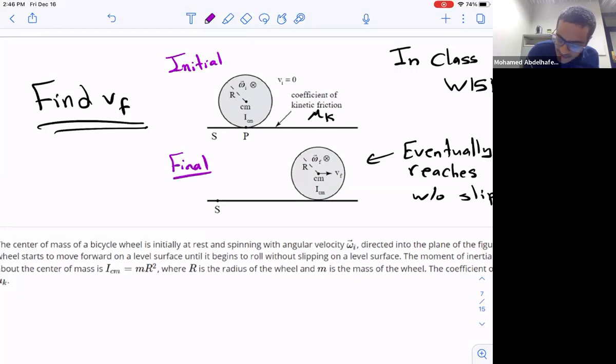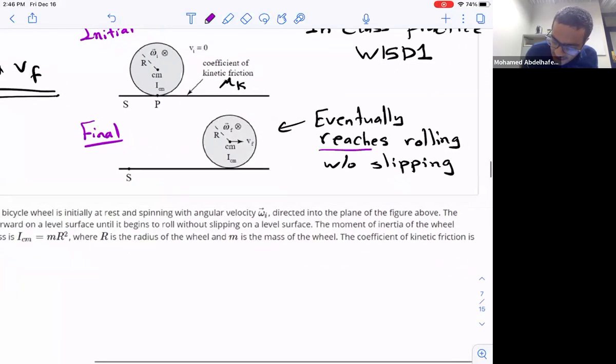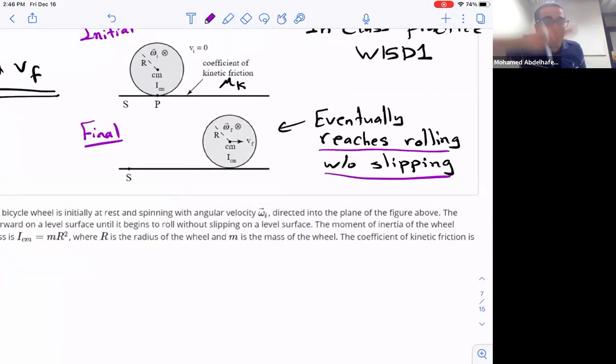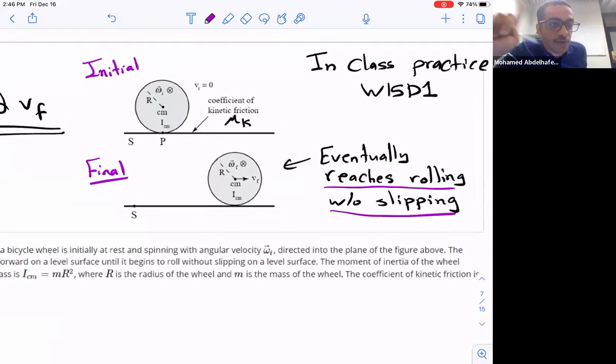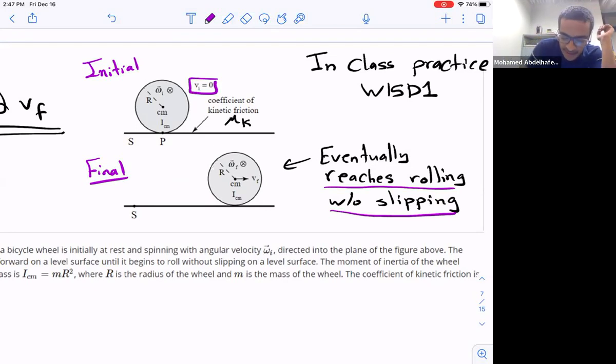In the final situation, the question says it reaches rolling without slipping. So at the end, if you leave this wheel going for a little bit, eventually it will reach rolling without slipping, which means initially it was not rolling without slipping. You can see that from the following fact. Initially it had zero velocity, it was not translating at all, and it was spinning into the page.